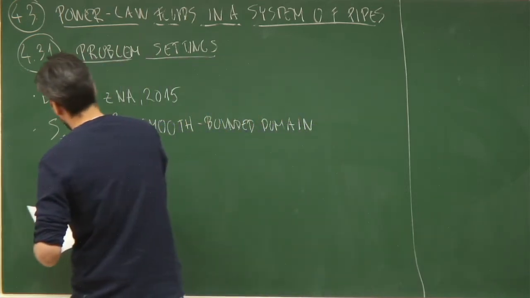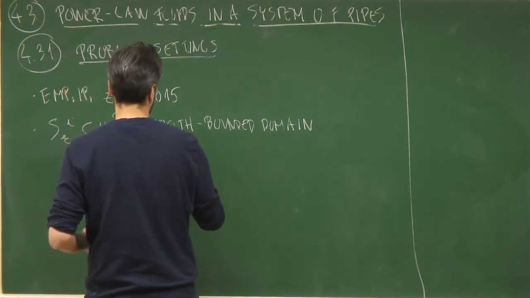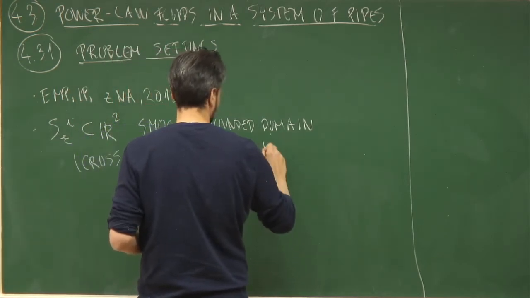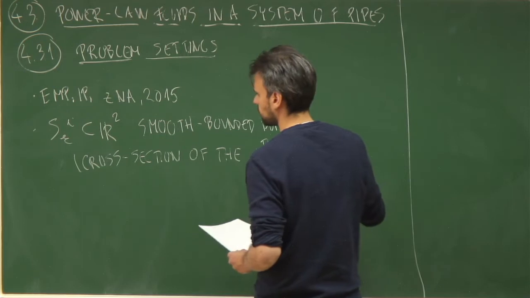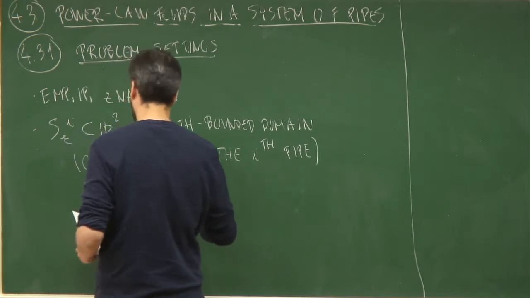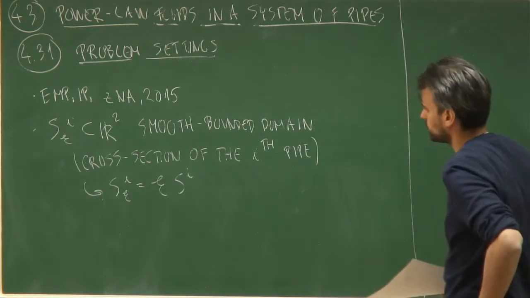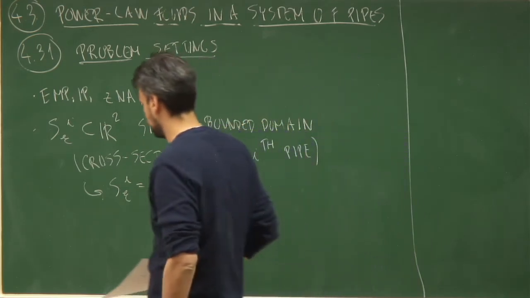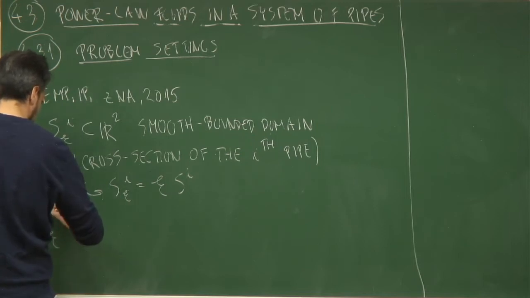So you have a cross section of the ith pipe. And of course, S epsilon i is basically epsilon S i. So this is a general form. Of course, when you have circular cross sections, then you can always obtain some formulas, so explicit expressions, to be more precise.